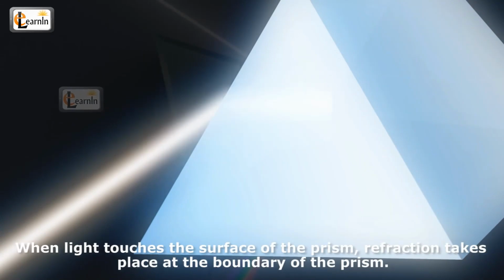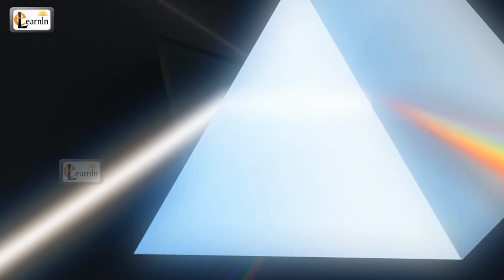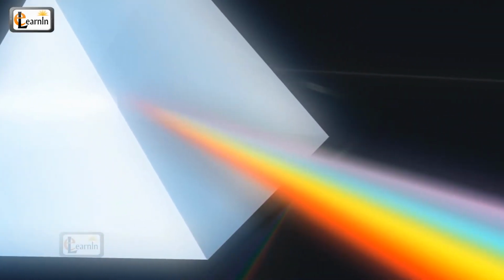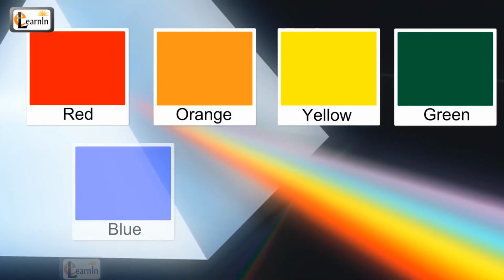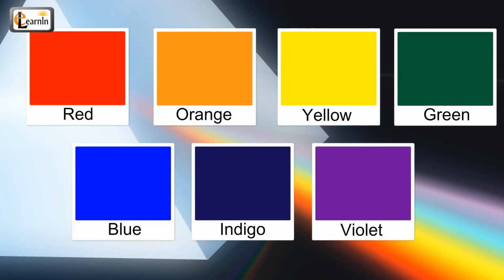When light touches the surface of the prism, refraction takes place at the boundary of the prism, for example, the boundary between air and glass. Then the white light is separated into its component colors: red, orange, yellow, green, blue, indigo, violet. Refraction is the change in direction of a wave due to a change in its medium.